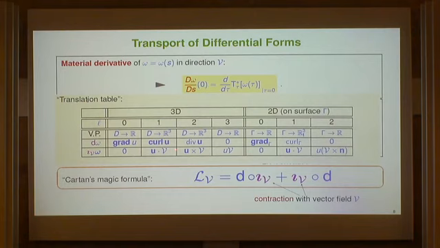And for three forms, just the multiplication of the function representative with a vector field. Contraction reduces the order of the form by one. And this formula for the Lie derivative then paves the way for very powerful and rather simple formulas in shape calculus. We'll see this in a moment.